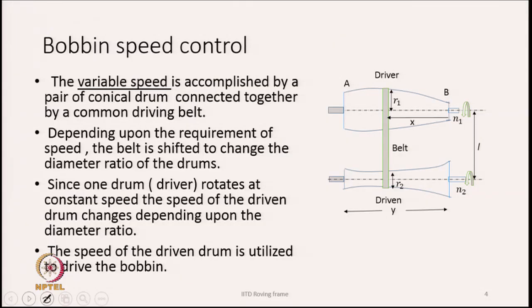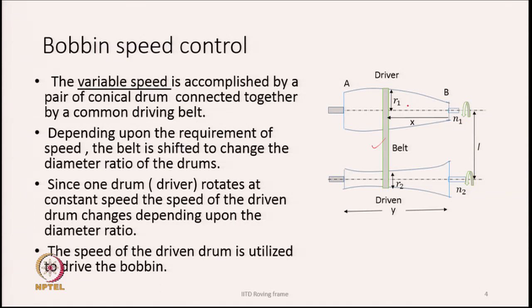The variable speed is accomplished by a pair of conical drums, as we have seen in the previous slide, which are connected by a common belt. As you see in this diagram, the belt is there. Depending on the requirement of the speed, the belt is shifted to change the diameter ratio of the drums. So, the belt position is not fixed, but it keeps on moving depending upon the requirement of speed.